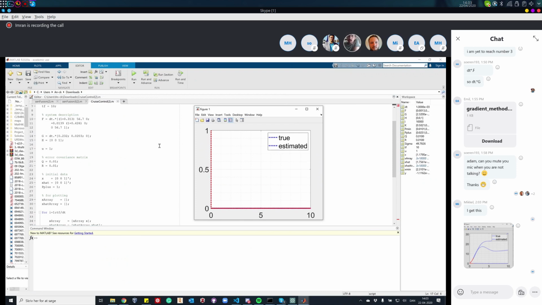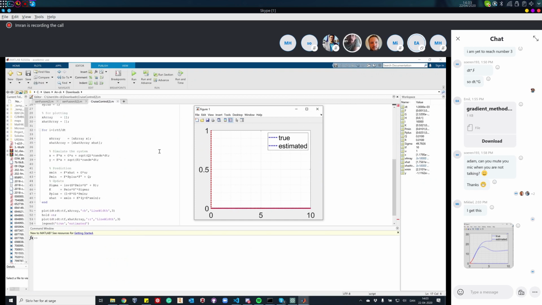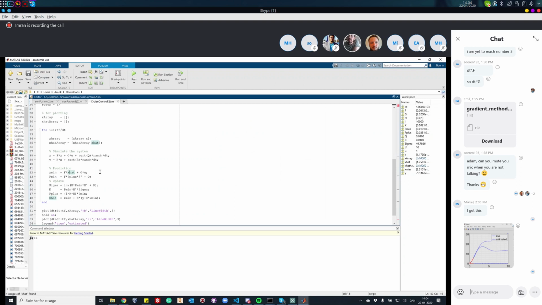So just go back to the for loop, please. I think it shouldn't be xmin in the X hat, but it should be the previous X hat. Let me check what I've done. And that's correct, because then you estimate that.